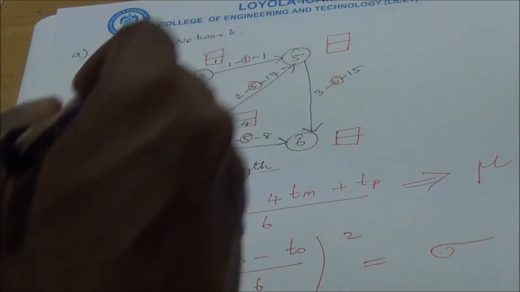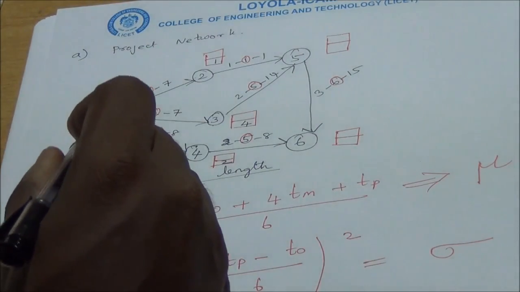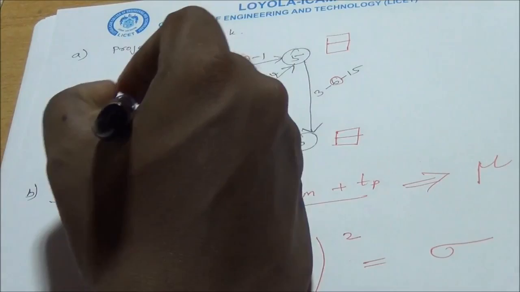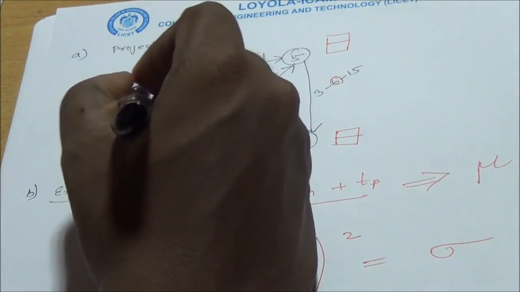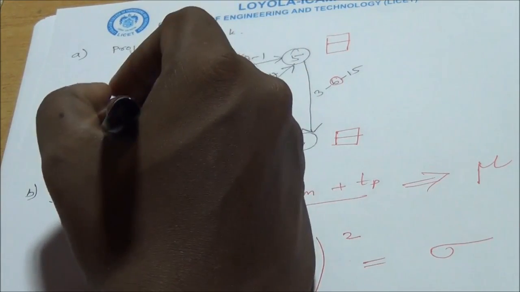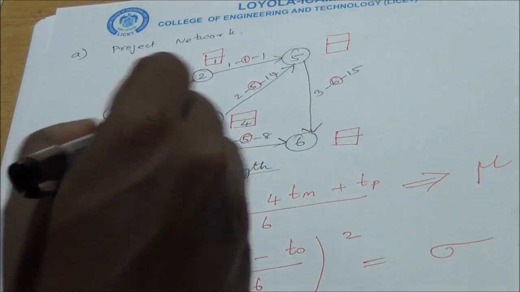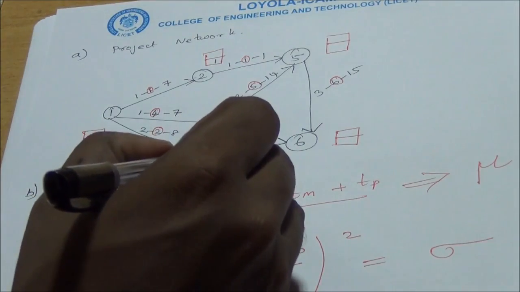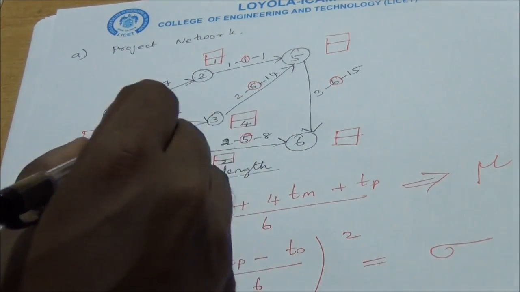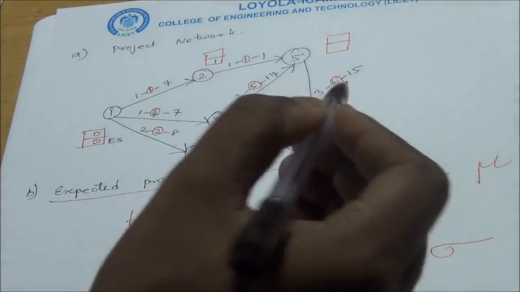Sorry, actually we have to calculate the incoming arrows. So for 2 we have only one incoming arrow, so 0 plus 1 is 1, and for 3 we have only one incoming arrow, so 4 plus 0 is 4. For 4 we have only one incoming arrow, so 0 plus 2 is 2.